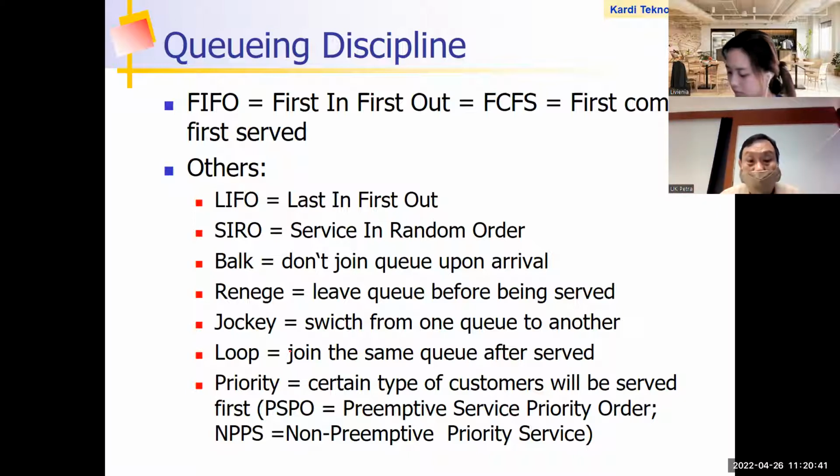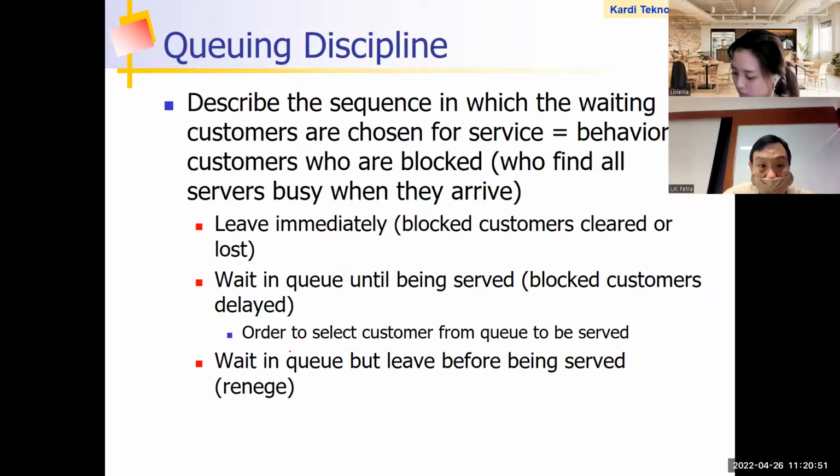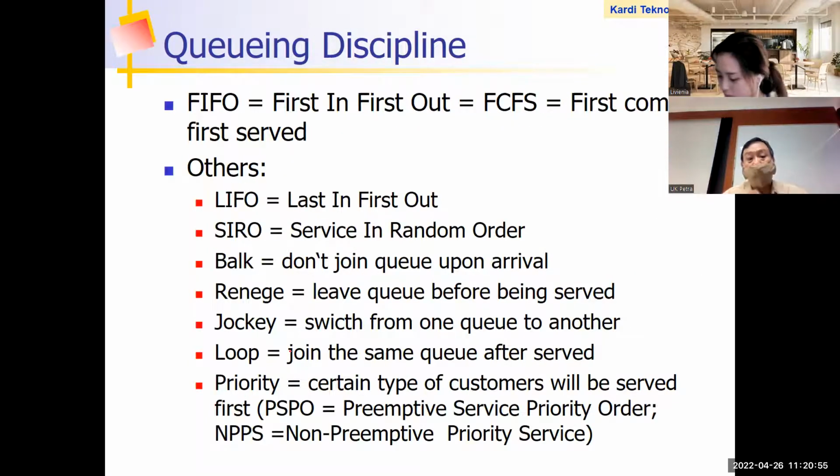Balking, what is this? They don't join the queue upon arrival, the one that I explained a while ago. They leave immediately. So the customer is parking, and when they see the queuing is too long, they don't join the queue.